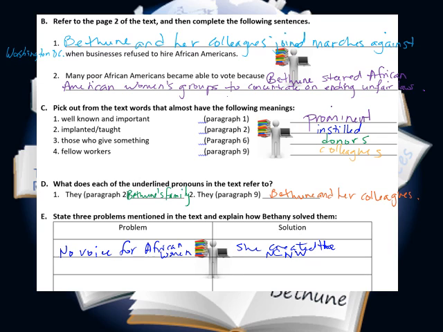Yes. Bethune wanted to be a missionary. But she was told that African Americans were not needed. So she wasn't allowed to be a missionary. So what did she do instead? She helped Africans, her own people. Very good. So you can add another one, and there are more than 3 problems and solutions in the text. So let's continue with the next one. You'll have an answer key with more problems and solutions.